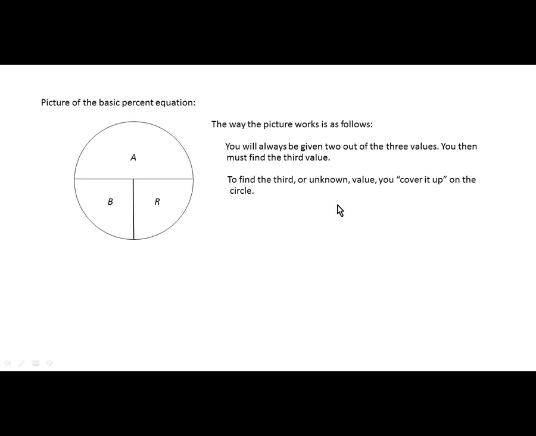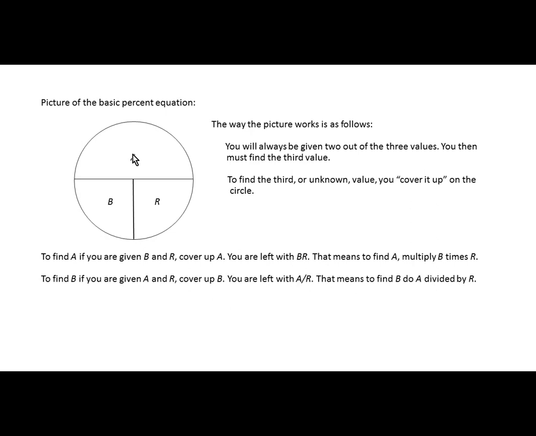So to find the third or unknown value, you cover it up on the circle. And then whatever's left tells you how to find that value. So to find A, cover up A. If you look at what's left, you basically have BR. Remember, BR means B times R. So to find A, you do B times R. If you're looking for B, cover it up.